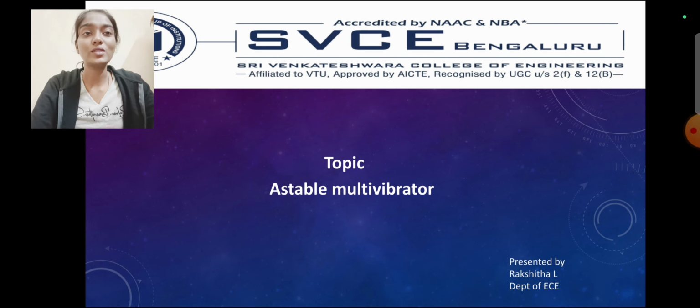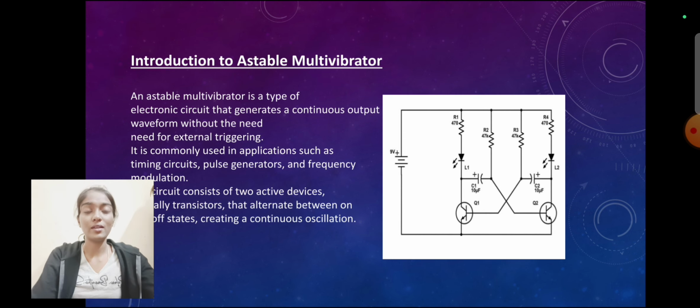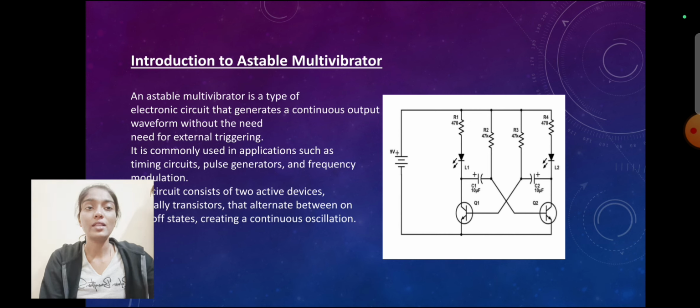Today we are going to study a topic, Astable multivibrator. Introduction to Astable multivibrator. An Astable multivibrator is a type of electronic circuit that generates a continuous output waveform without the need for external triggering. It is commonly used in applications such as timing circuits, pulse generation, and frequency modulation.